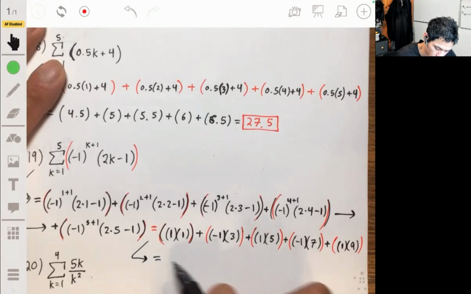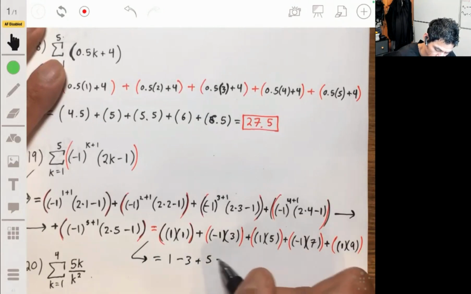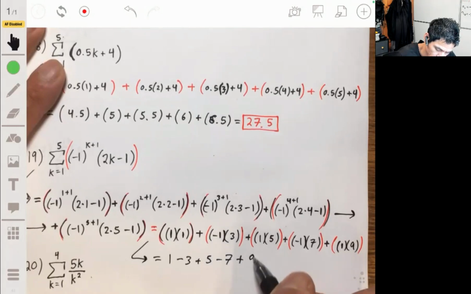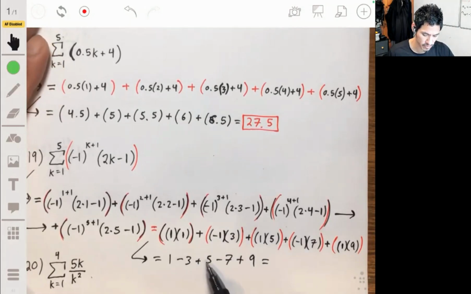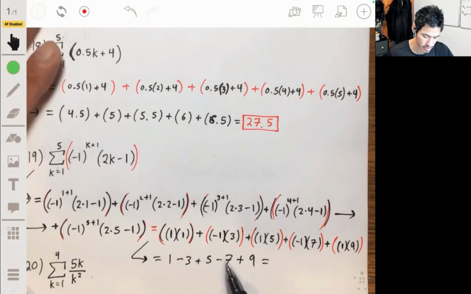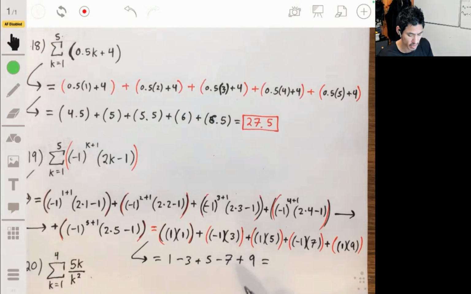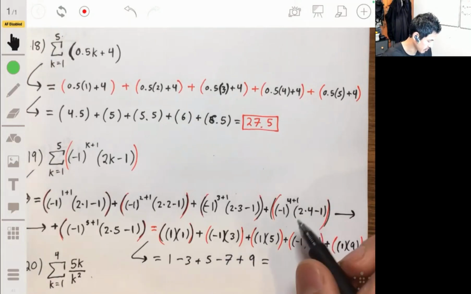Add these all up, we get 1 minus 3 plus 5 minus 7 plus 9. So we get -2 plus 5 minus 7, -4 plus 9, we'll get 5.